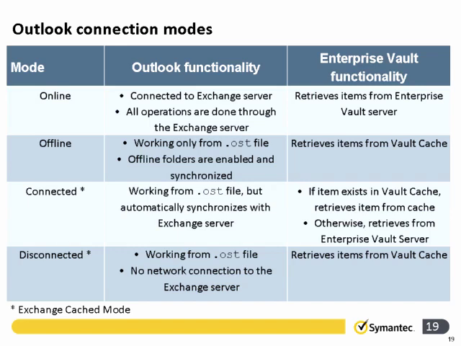Now, I can be connected but in offline mode, using my offline or OST file. In that scenario, periodically that offline file will synchronize itself with the Exchange server, and that's all handled through Outlook. However, for the Enterprise Vault functionality, if I search for an item in Vault Cache, then I want to retrieve it from Vault Cache.